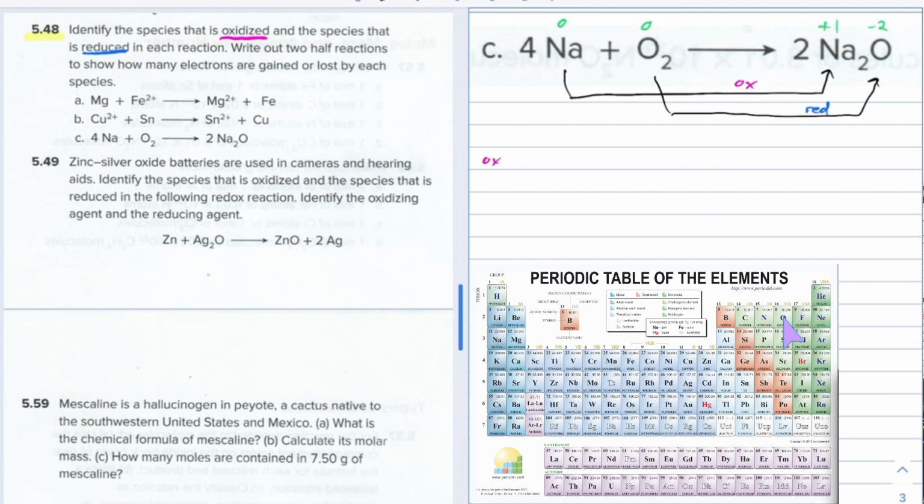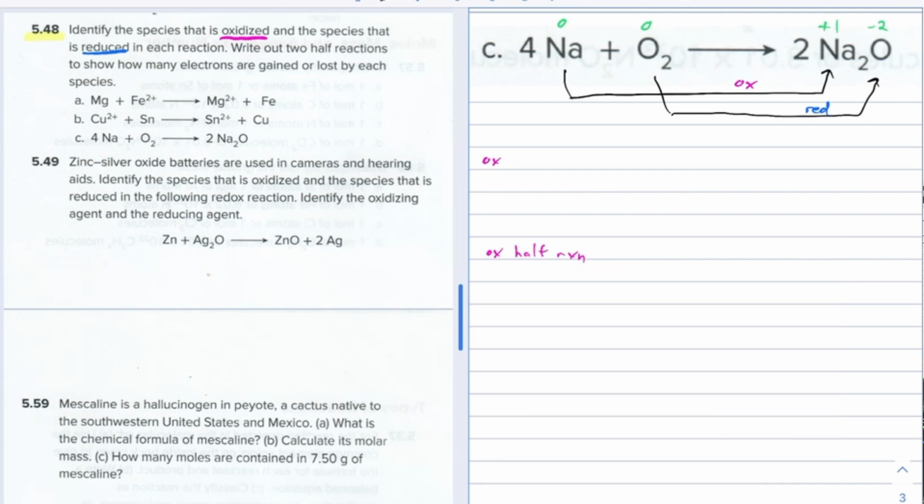So one more time, let's write the oxidation half reaction, and I'll turn this periodic table off. And then the species being reduced, and also the reduction half reaction. Okay, so who's being oxidized?